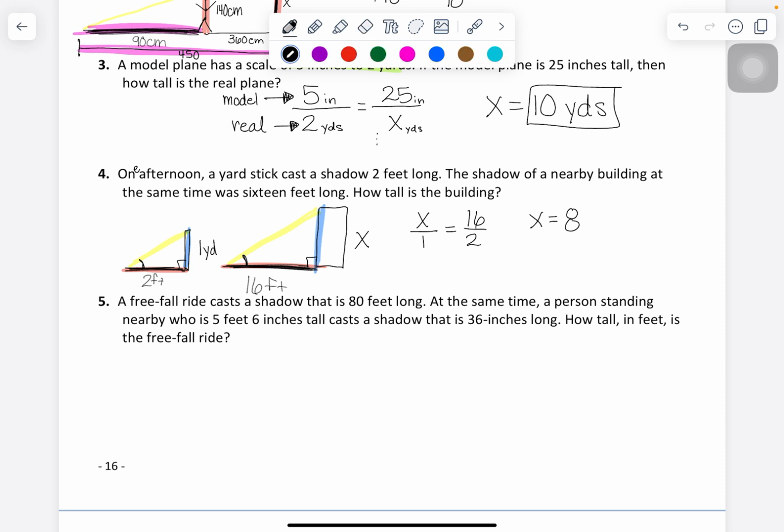As long as either both on the top and both on the bottom, or in each individual fraction, match units, you're good. Since the 2 and the 16 are both feet, this is the situation where those two match. That means this one has to both be in the same unit, in this case yards.